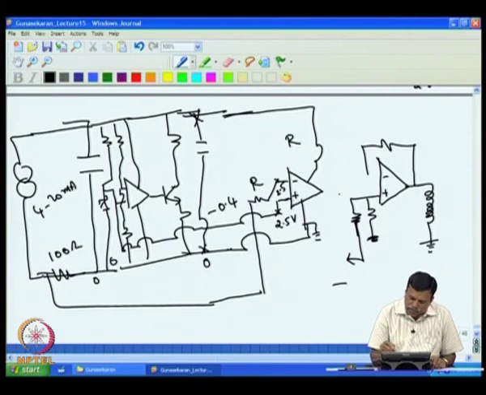So, you got this. We can connect if the more current, if you want more the actuator more, then I can give this one to the plus input, and then I can use this to V reference, or it can also be connected to supply, or it can be divided and connected to supply.